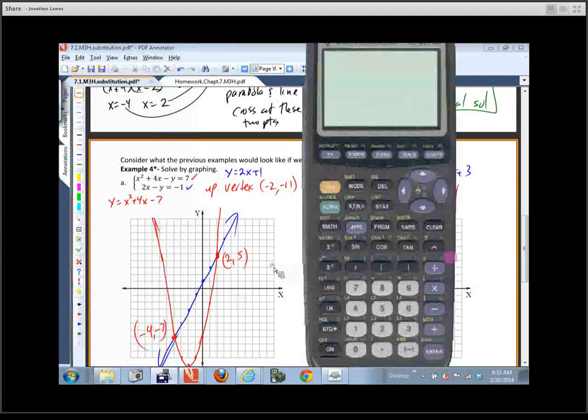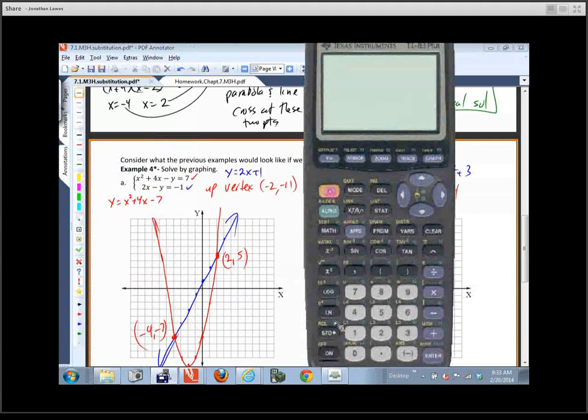Let's do that just for the heck of it. So this would be 2x plus 1, and the other one is x squared plus 4x minus 7.